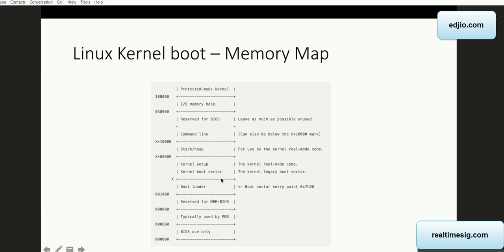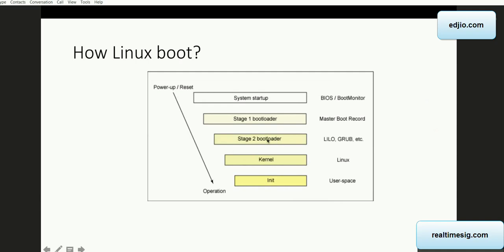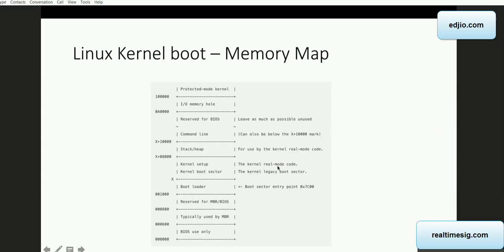Up till this point, it is common for any operating system that you are trying. This is processor and boot sequence, up till the bootloader stage. Is it clear? The next stage depends on the operating system that is loaded.